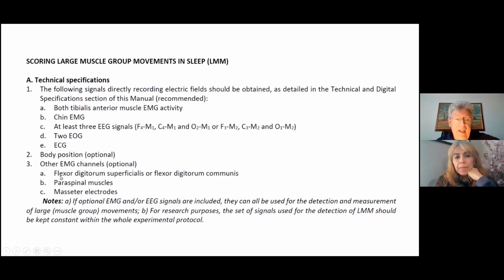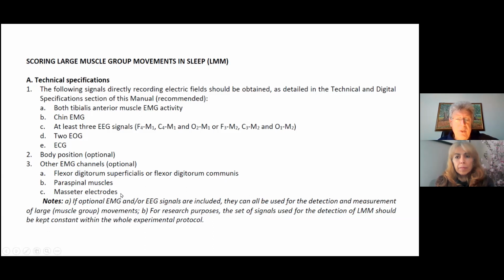These include the flexor digitorum superficialis or flexor digitorum communis, because they are used in some labs for the diagnosis of RBD. We are thinking about rules that do not apply only to children, but also to adults. Or paraspinal muscles, when we have a montage to detect propriospinal myoclonus, as an example, or masseter electrodes when we are studying bruxism.